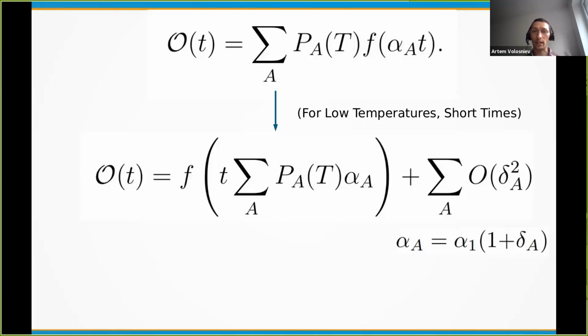We could make an expansion, assuming alpha A is some alpha 1 times 1 plus delta A, where delta A is a small parameter. If you make an expansion, then we end up with this equation, where we kind of exchange f.